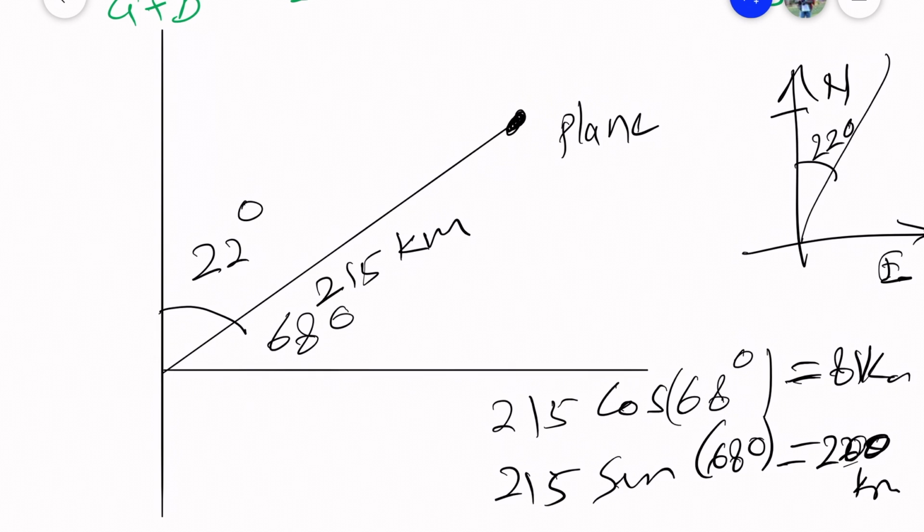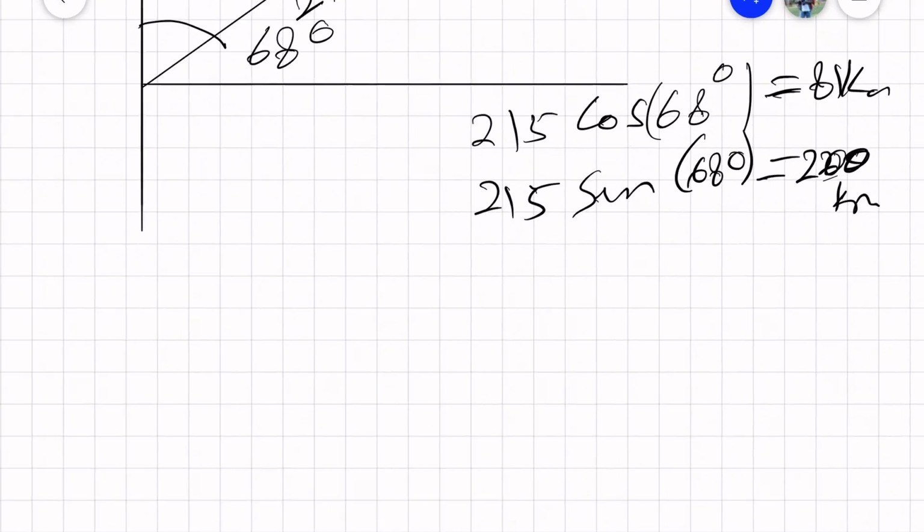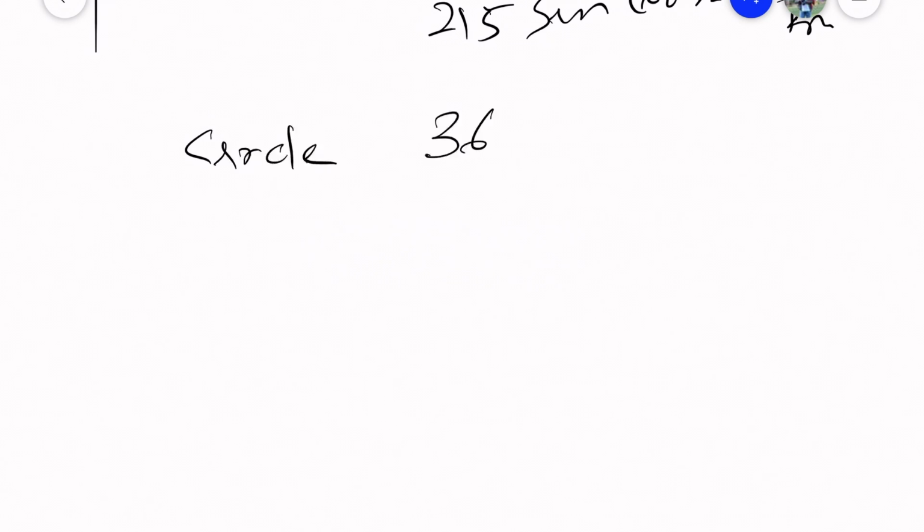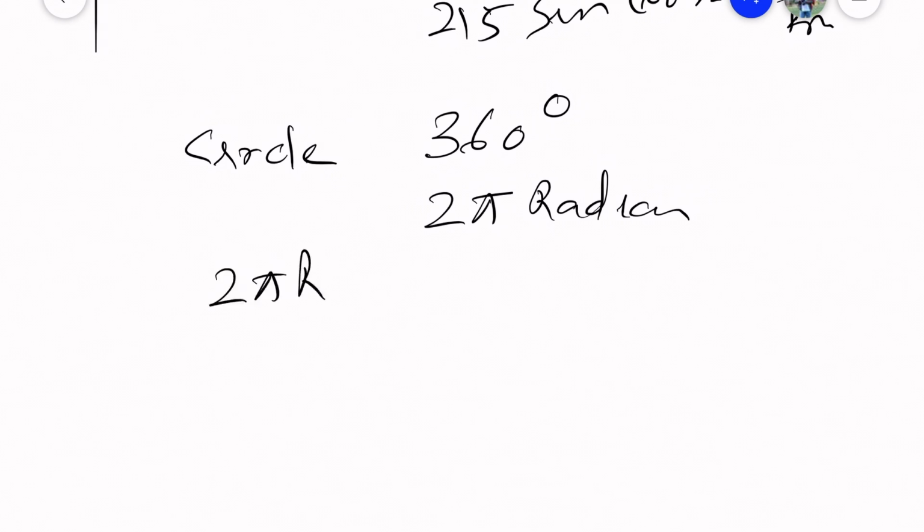Now when we are doing these kinds of questions, sometimes you might be given angles in radians and degrees. So we need to understand the relationship between degrees and radians, and it is a very simple thing. A circle is 360 degrees and it is also 2 pi radians. So 2 pi radians is equal to 360 degrees.